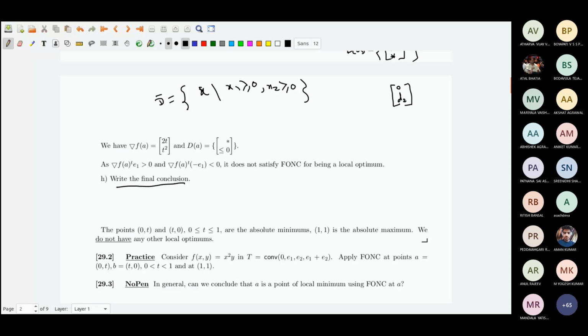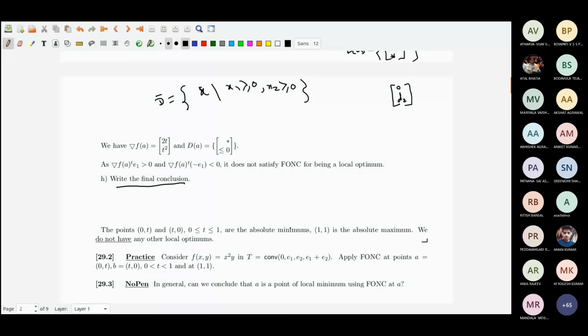Here, for example, the conclusion is that the points (0, t) and (t, 0) are the points of absolute minimum, the point (1, 1) is the absolute maximum, and we do not have any other local optimums. As I said, I am writing minimums, maximums and optimums, but actually those are not correct English.